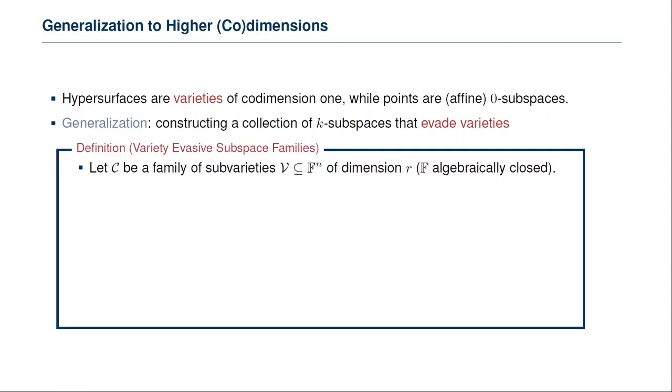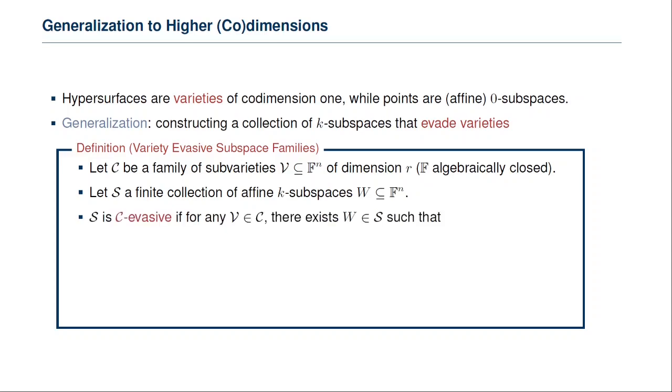Suppose C is a family of subvarieties of F to the n of dimension r. And for simplicity, let's assume F is an algebraically closed field. And let S be a finite collection of affine subspaces of dimension k. And we say the collection S is C-evasive if for any variety V in C, S contains at least one k-subspace W such that the following condition is satisfied.